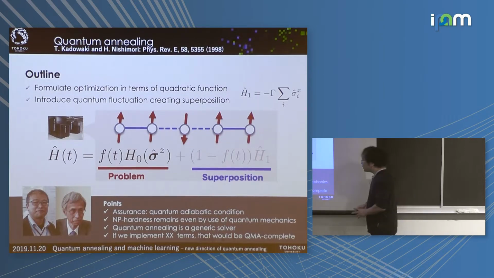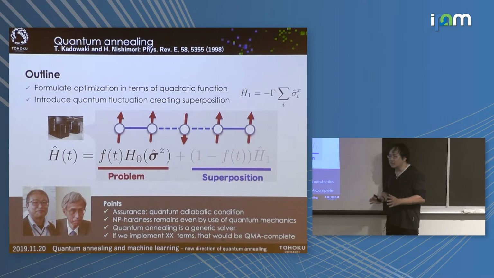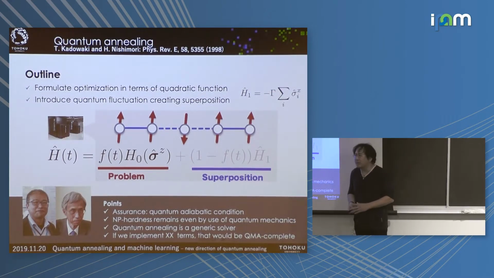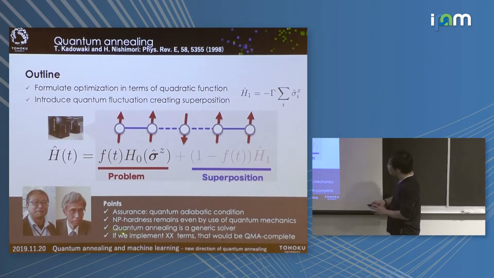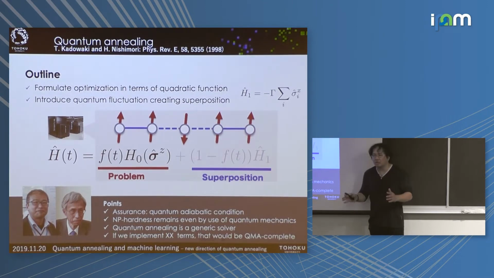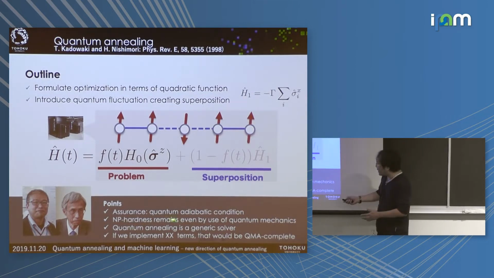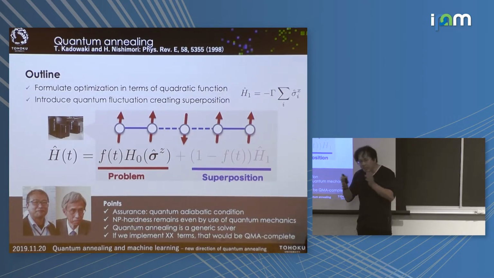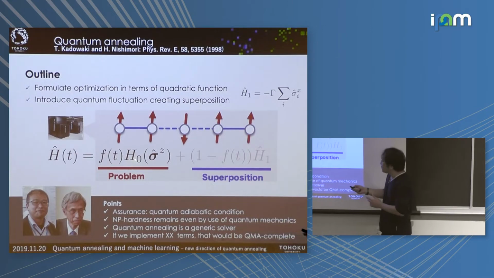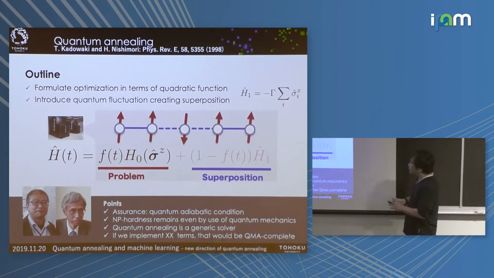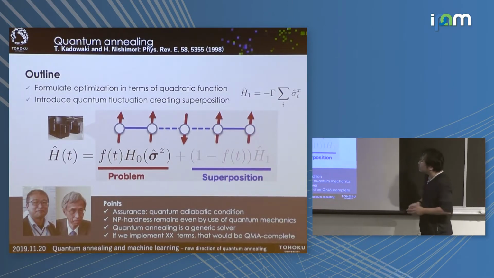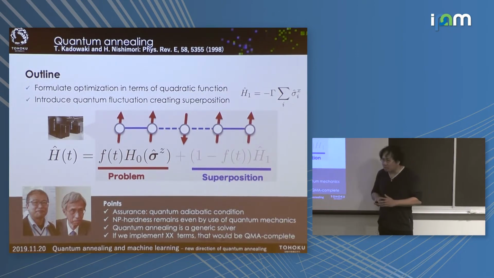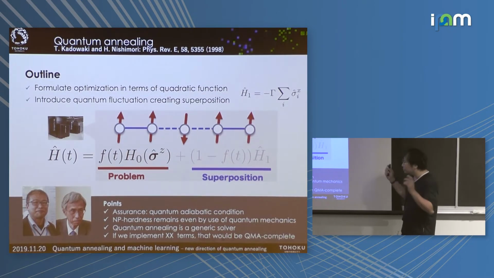In that sense, quantum annealing is not a solution for solving difficult optimization problems. But the good news is that quantum annealing is a generic solver. It can accept any type of Ising spin glass problem, and most combinatorial optimization problems can be written as Ising spin glass problems. Therefore, quantum annealing can deal with most combinatorial optimization problems without any further consideration.